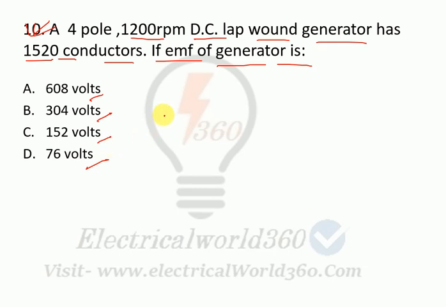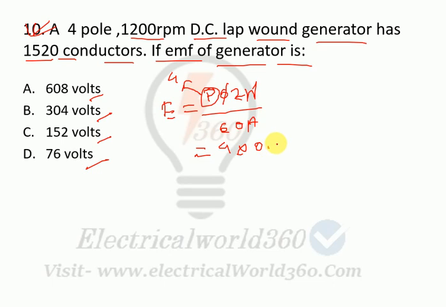In this case, we should know that the EMF generated, E, is equal to P theta Z N by 60A, where P is the number of poles, which is 4, and theta is the flux, 0.01 Weber.